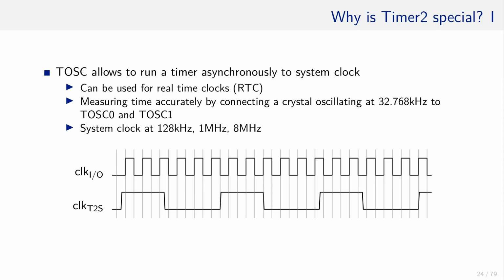But what is the purpose of the special timer 2? TOSC with the oscillator suggests it already. It offers the option to run timer 2 entirely independent of the system clock. Imagine that your ATmega runs at the clock frequency of, let's say, 8 MHz. This frequency can be slowed down by the Prescaler to some extent.